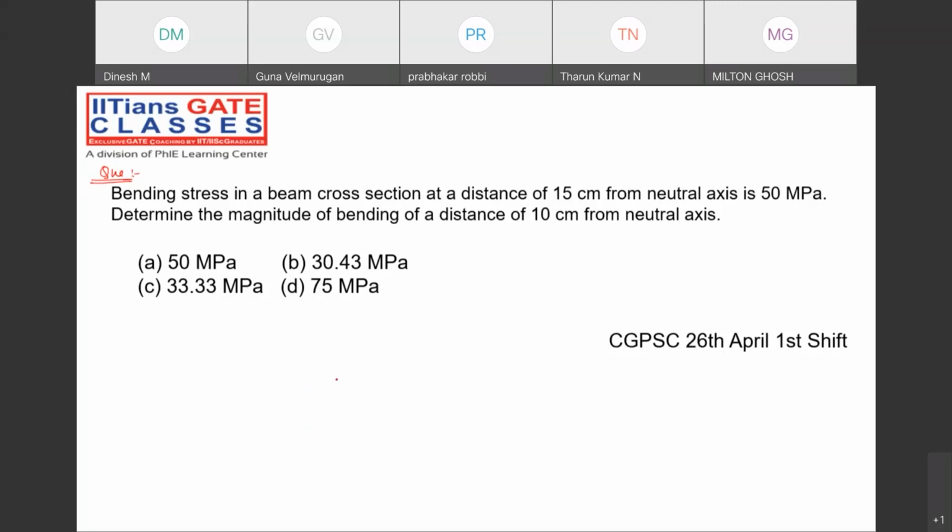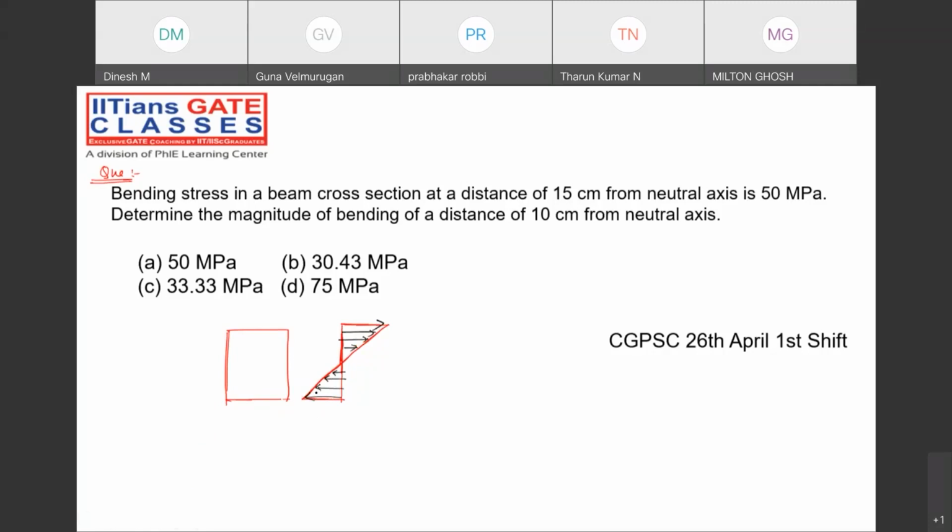They might have a shape of the beam; suppose I'm assuming it is a rectangular cross section. Now the distribution will be something like this.